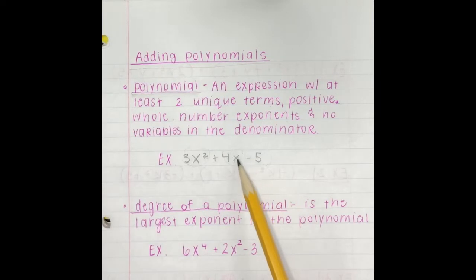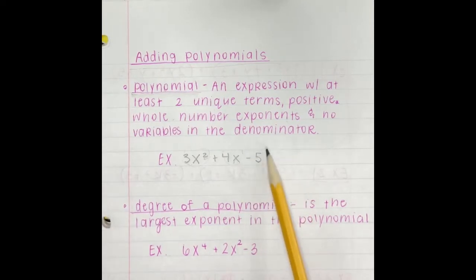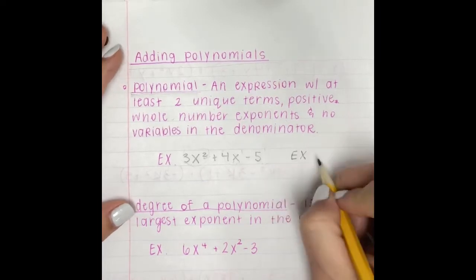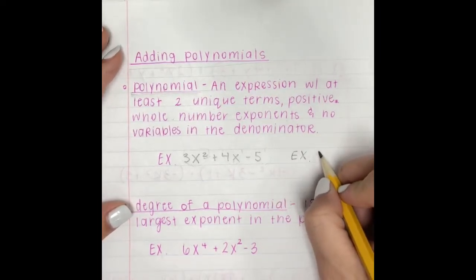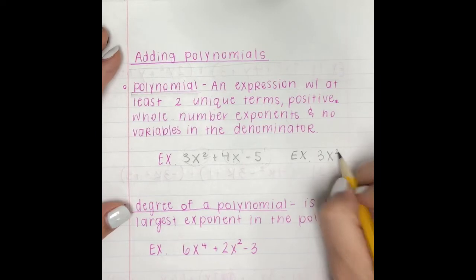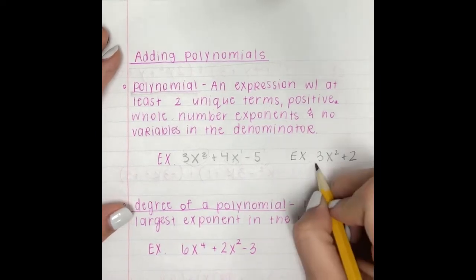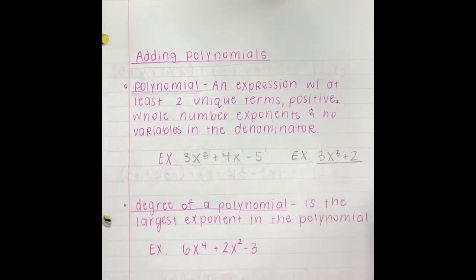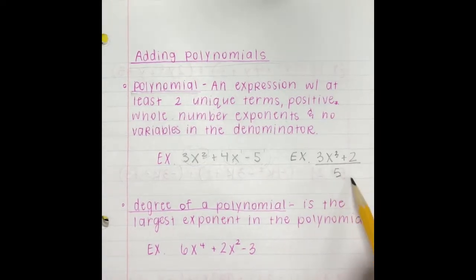And then no variables in the denominator, meaning if I had a fraction, so let's look at another example: 3x cubed plus 2 divided by 5. The bottom of your fraction is your denominator. I don't have any variables in my denominator, like an x down here, so we're good.